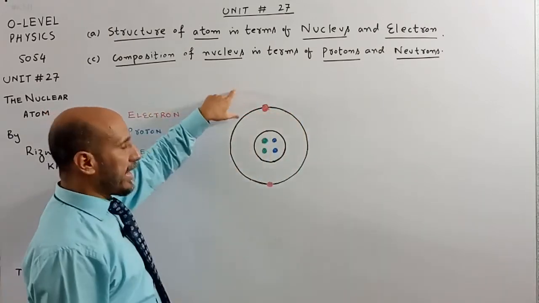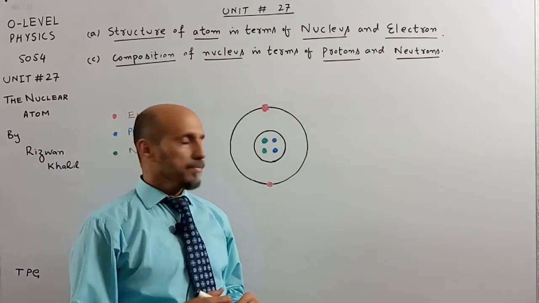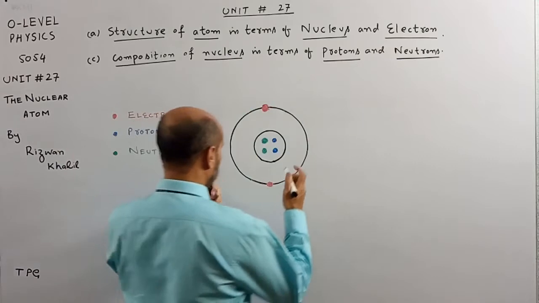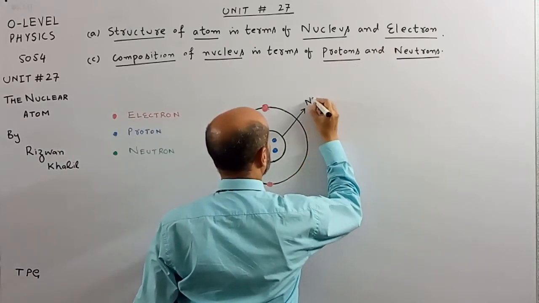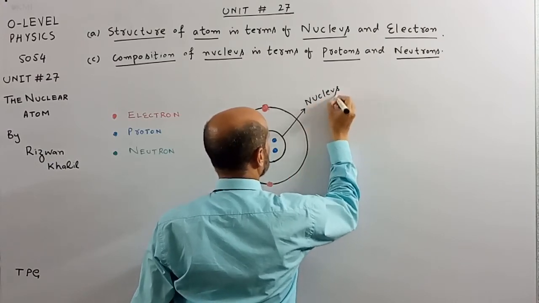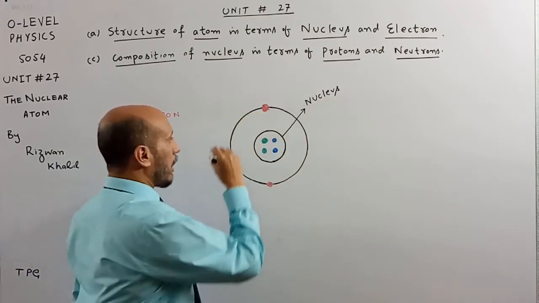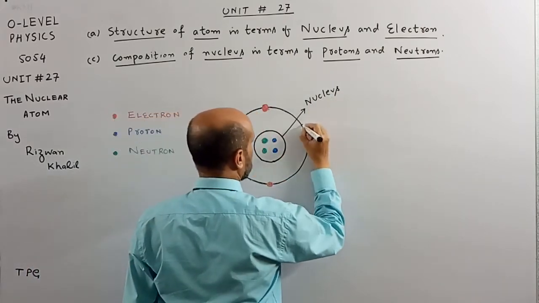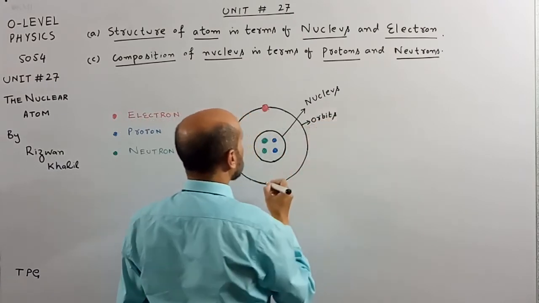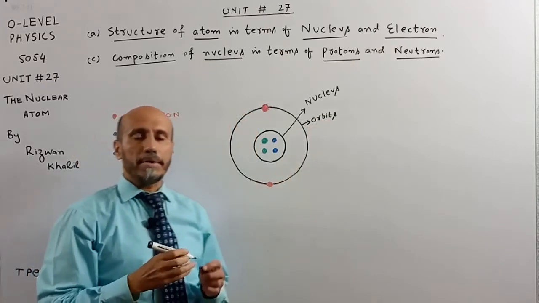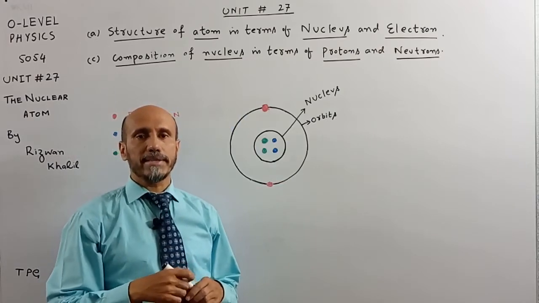Structure of the atom. An atom basically consists of two parts. The central part of the atom is called the nucleus. Around the nucleus there exist different orbits, and in these orbits specific particles revolve around the nucleus, and those particles are called electrons.